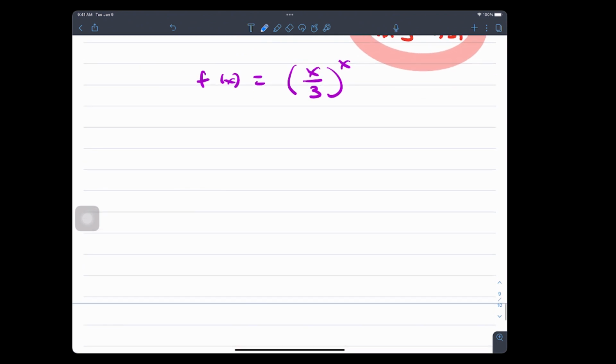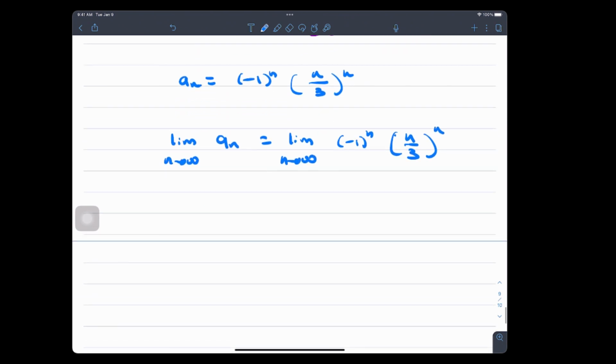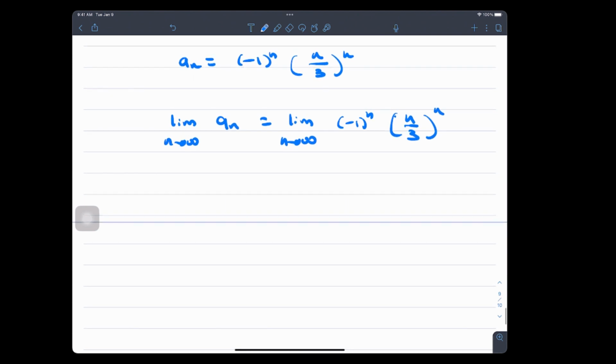So since An is -1 to the n over 3 to the n, you have that limit of An becomes a limit of what? Okay, where does that go?